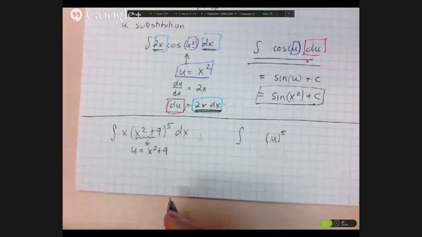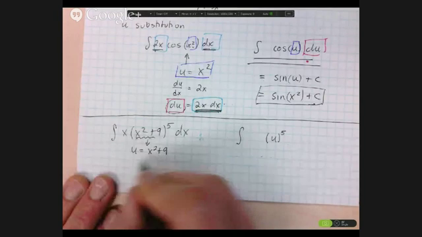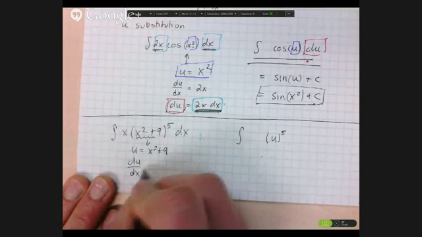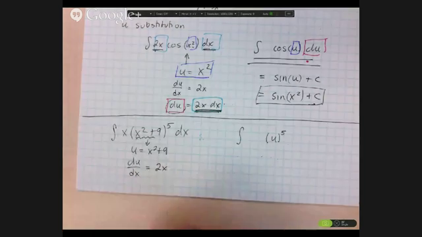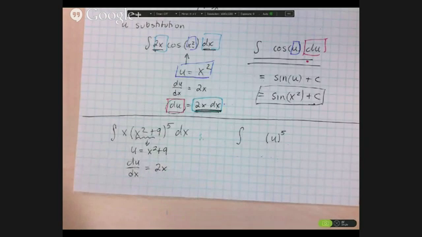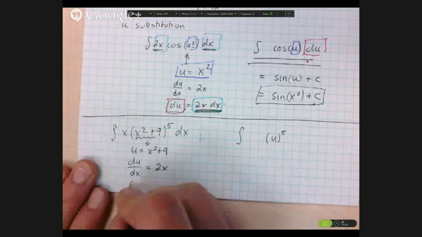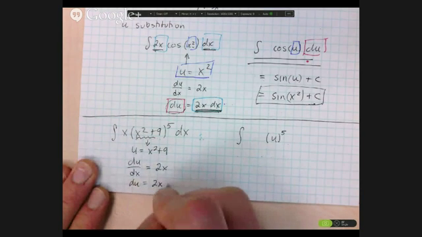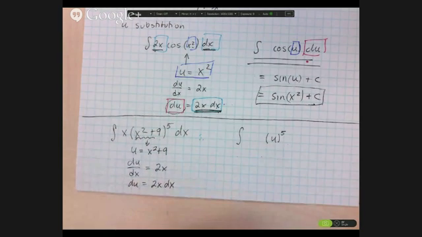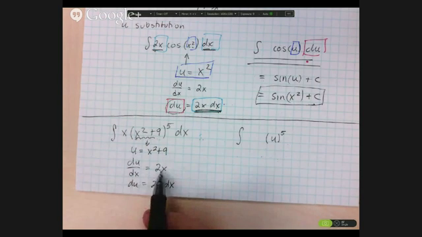You're going to get an x dx. Take the derivative. So we put a u in here. This is my new integral. The derivative of that, yeah, the derivative is 2x.